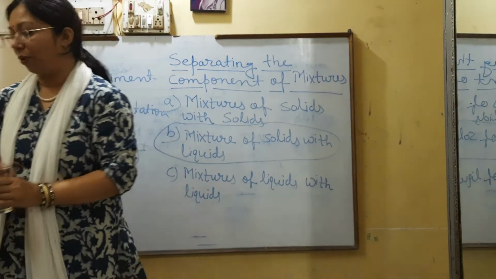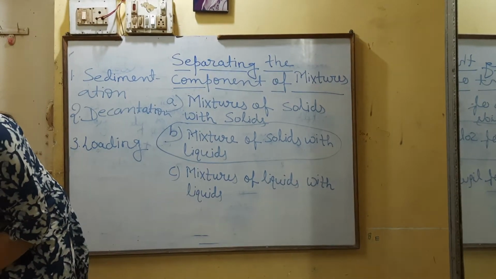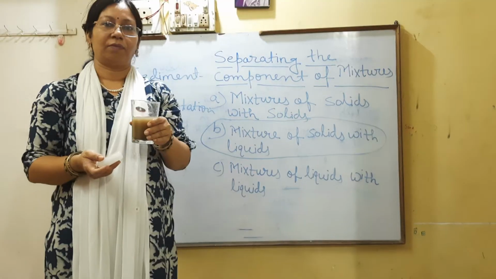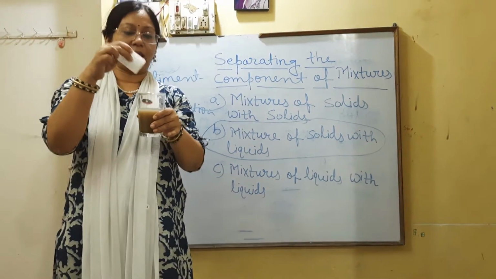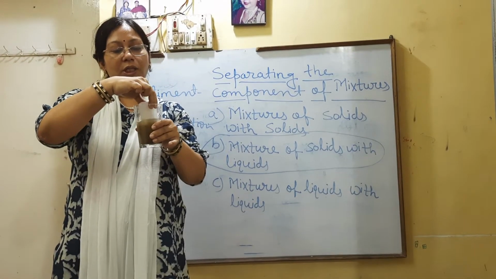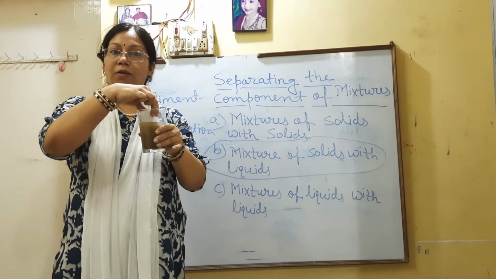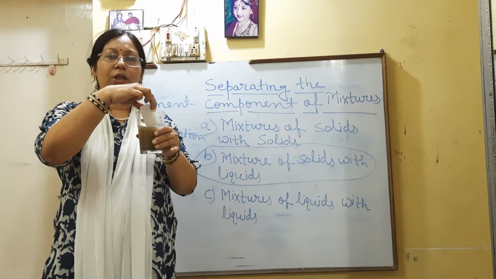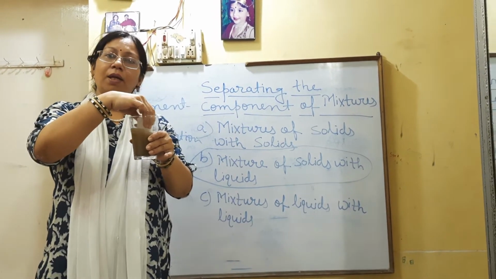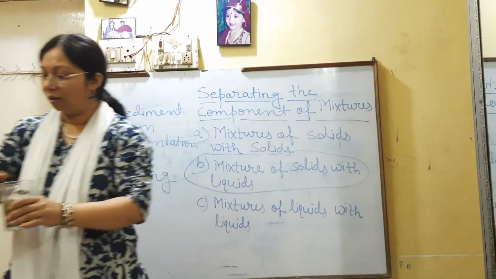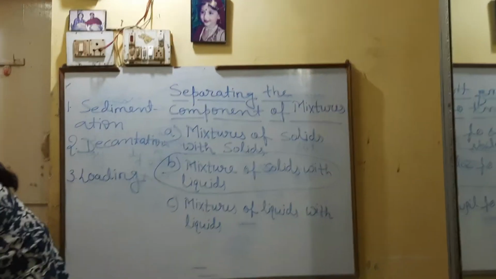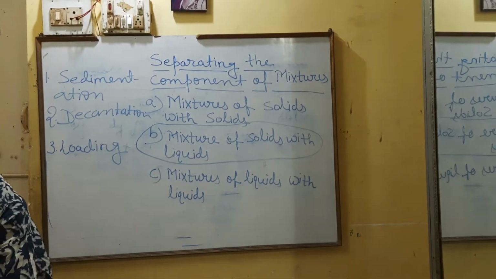Now I will show you another process, which is called loading. Here is alum, and I am putting this alum into this muddy water. Within 2 to 3 minutes, you can see all the mud particles immediately settle down at the bottom.